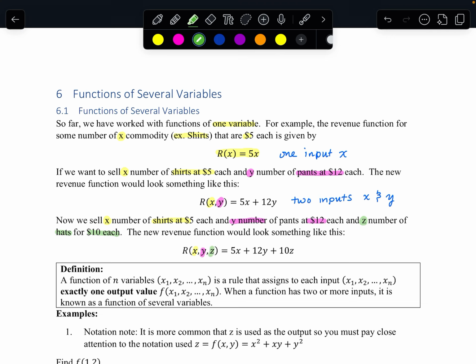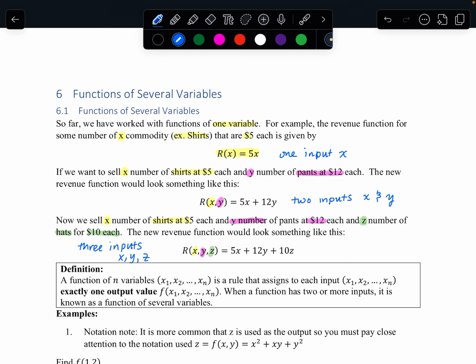If I add up the total number of shirts for $5 each, pants $12 each, hats $10 each, we will get a total revenue function. This particular function has three inputs, X, Y, and Z.